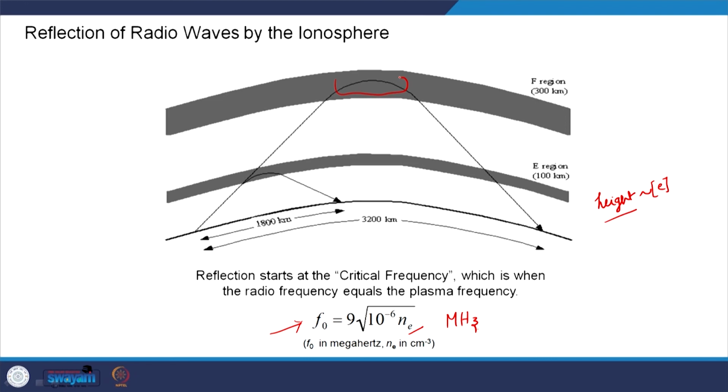If you have an instability, for example a plasma bubble which may span several hundreds of kilometers, and by chance this plasma bubble falls in the line of the communication, then there may be a severe disturbance for the communication.